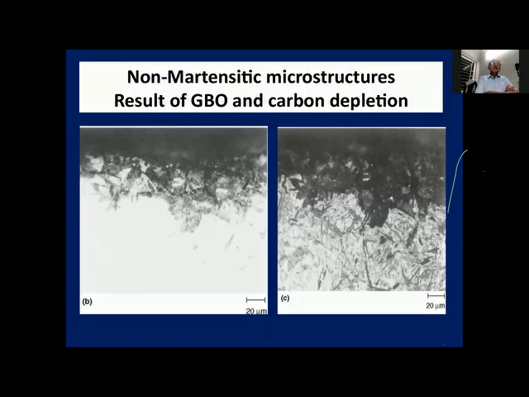So that's why, while we cannot fully control the GBO, it is in our hand to control the surface carbon levels up to the last point, just up to the point it goes for quenching.